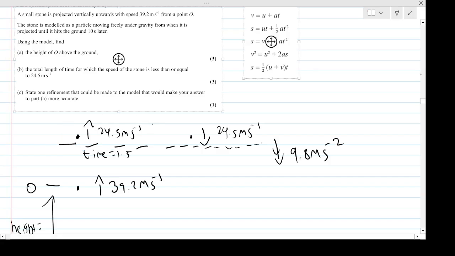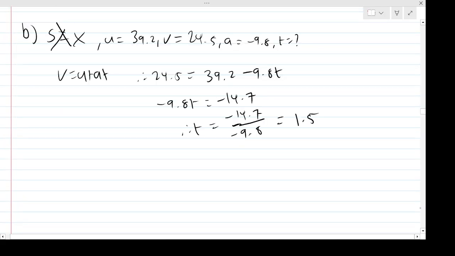Now this is where the really tricky idea comes in. Obviously that's the time when it first reaches 24.5, but then it'll go to 0 and come back down, and it will reach the same speed again. Now we need to work out the time it reaches back to 24.5. This velocity is now downwards, so what we need to change is in our suvat.